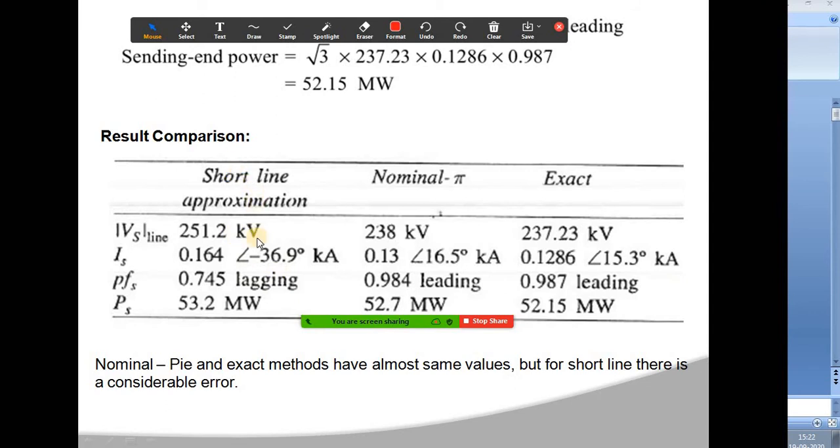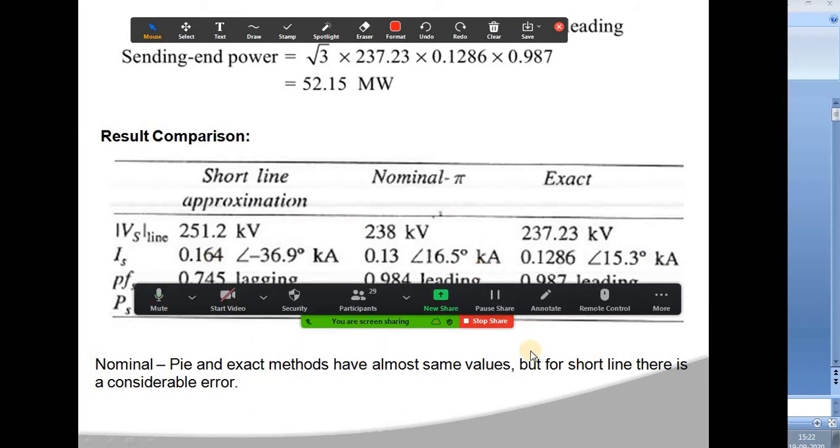The power factor for short line approximation is 0.745, for nominal pi 0.984 leading, and for exact 0.987 leading. The total power using short line approximation is 53.2 megawatts, for nominal pi 52.7, and for exact 52.15. Okay, we have calculated all these values.